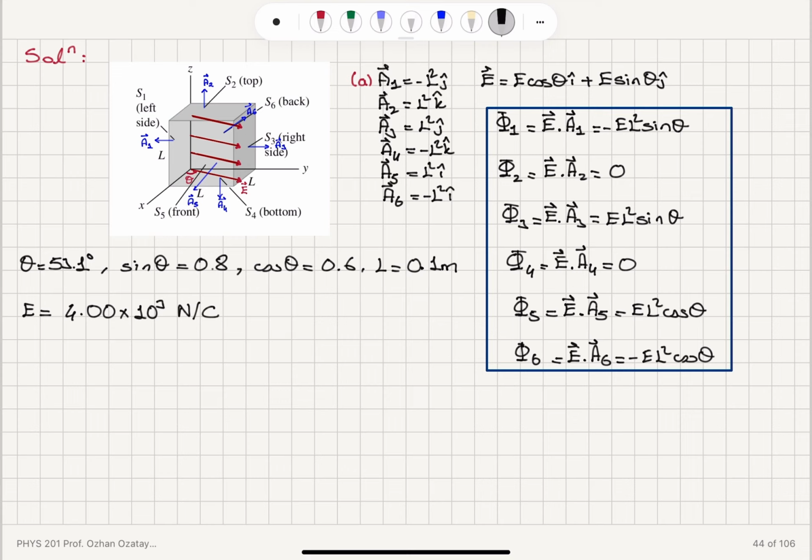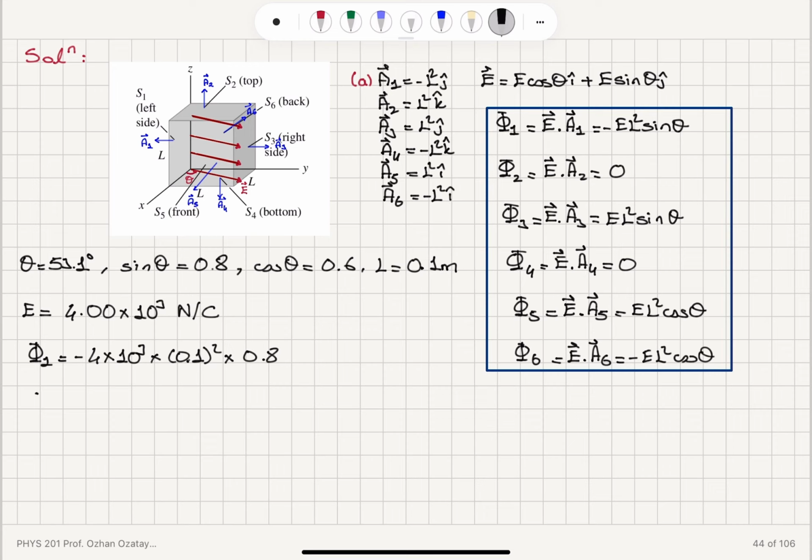So if I substitute these numbers for phi 1, I will have minus E L squared sine theta: minus 4 times 10 to the 3 times 0.1 squared times 0.8.